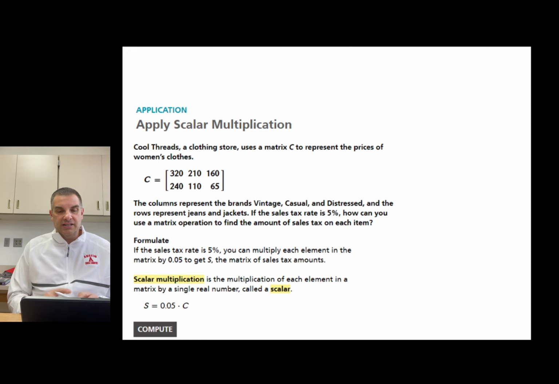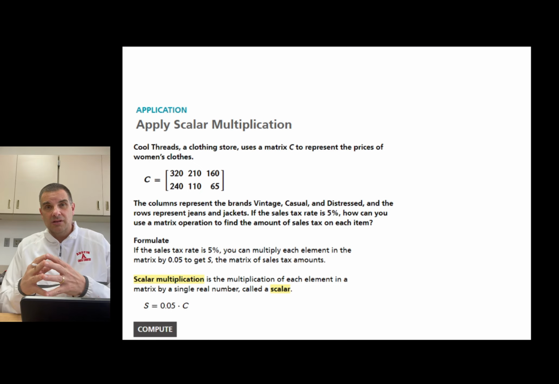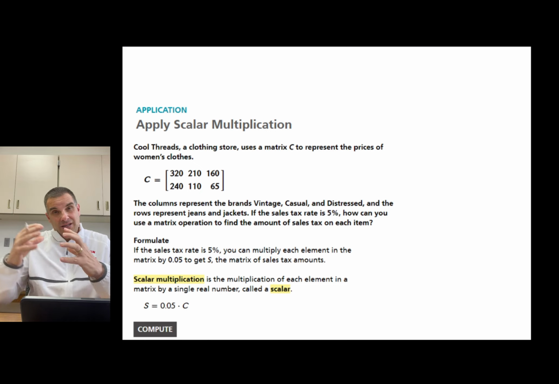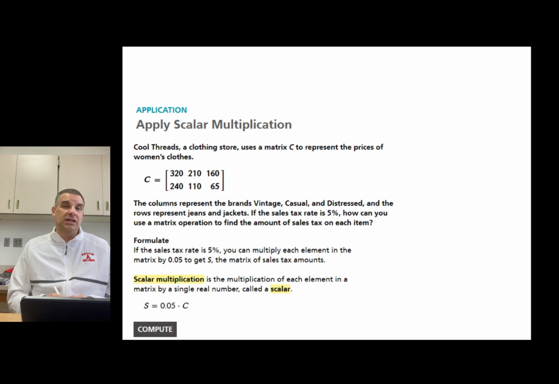If the sales tax is 5%, how can you use a matrix operation to find the sale amount of each item? Essentially, we have to take each item times 5%. That's scalar multiplication. We're multiplying something times our matrix. So that means that we need to take each element of that matrix times whatever that scalar is.